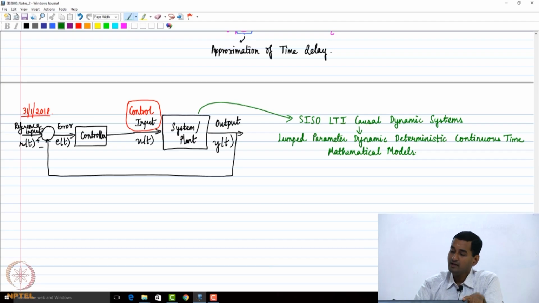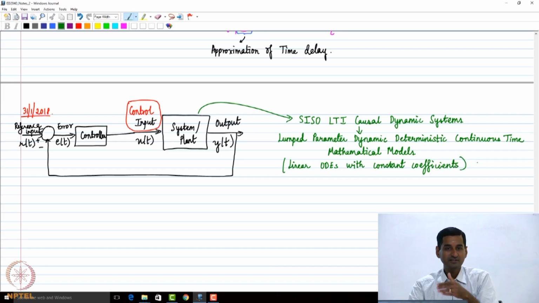And we essentially approximate the system's response using this class of mathematical models. This typically takes the form of linear ODEs with constant coefficients. That's why all this time we have been looking at linear ordinary differential equations with constant coefficients.